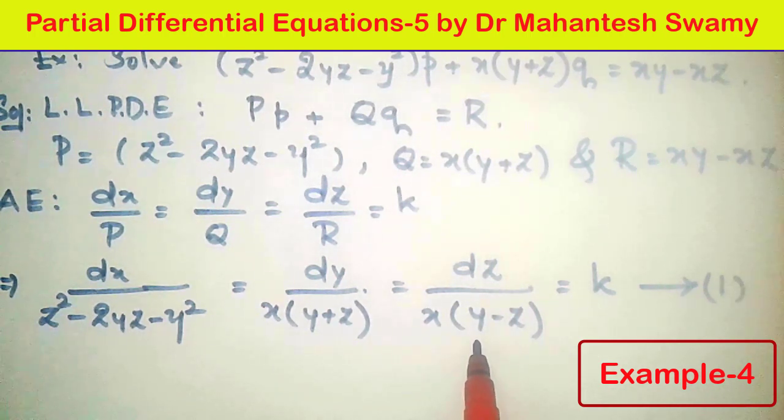We have seen in the previous video how to choose the multipliers and use them to find the solution of the auxiliary equations. So here also the same type of job we are going to perform.